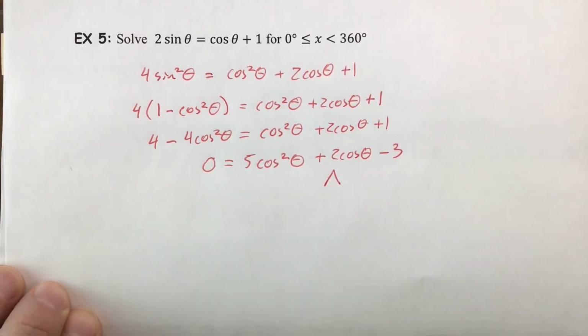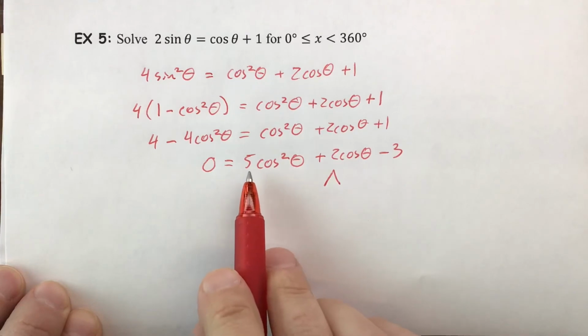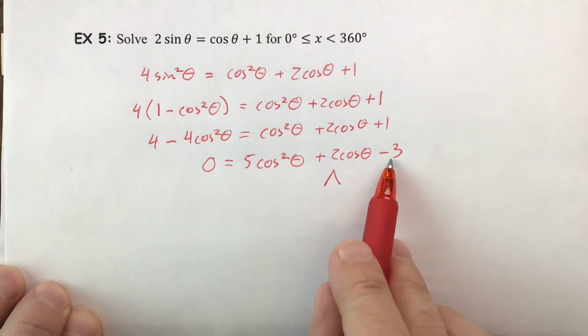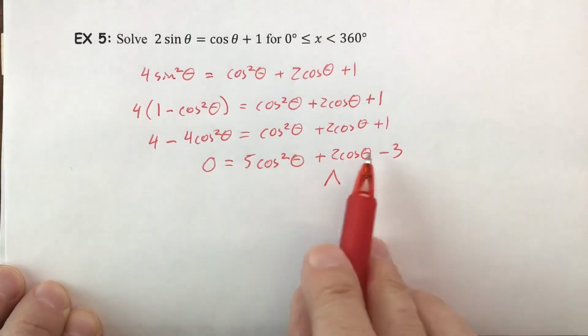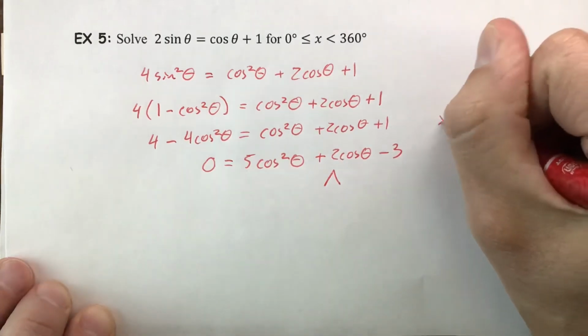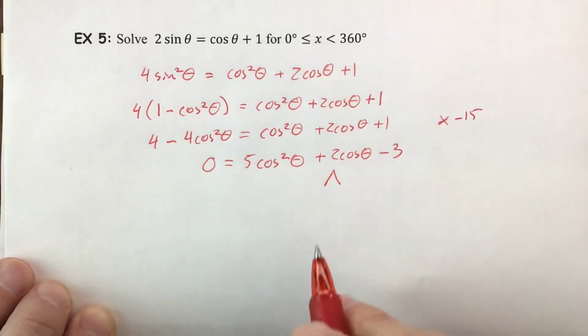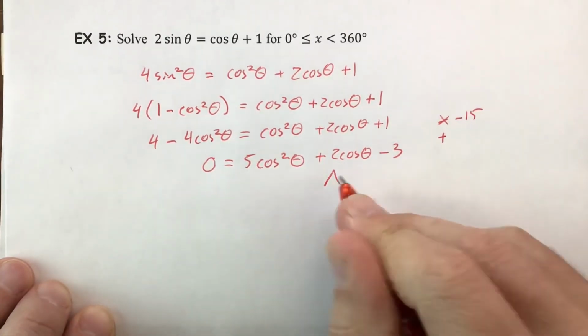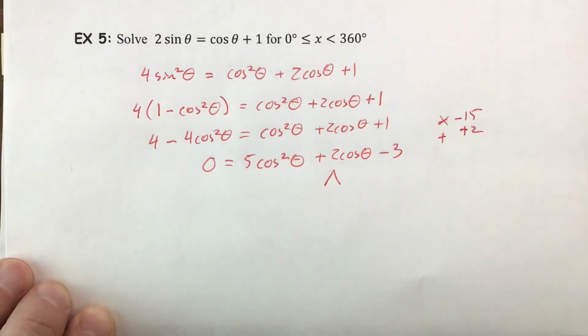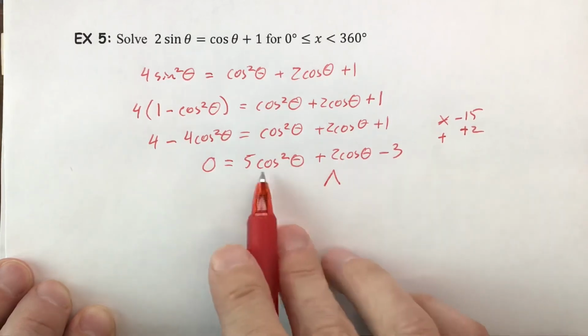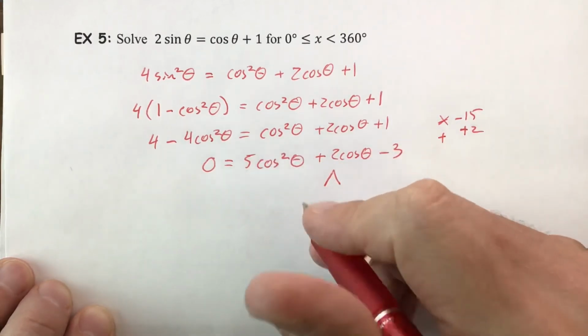Okay, so let's see. Think of 2 things that multiply to give you negative 15. They also have to add to give you a positive 2. All right, so that would be a positive 5 and a negative 3. So the same numbers that we actually have there. So that might make things work a little bit easier in a moment.